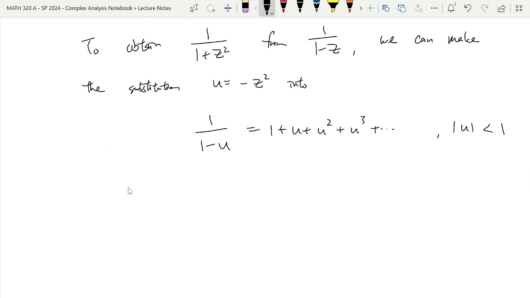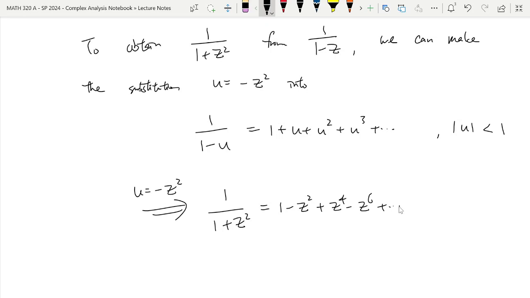So then substitute u equals negative z squared. You need to substitute both sides. So look at this carefully. You substitute in three places: the two sides of the equality and then the radius of convergence statement. So what you get here is 1 over 1 plus z squared on the left. And on the right, you get 1 minus z squared plus z to the power 4 minus z to the power 6 plus and so on.